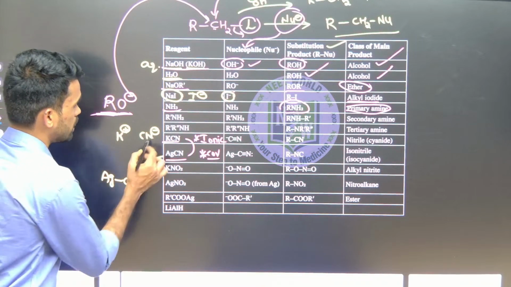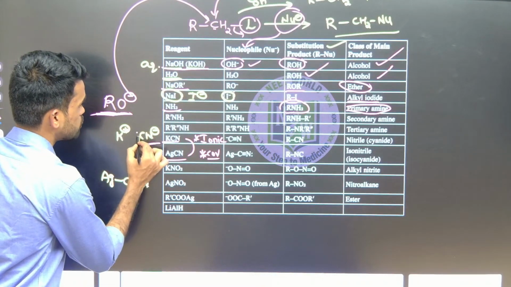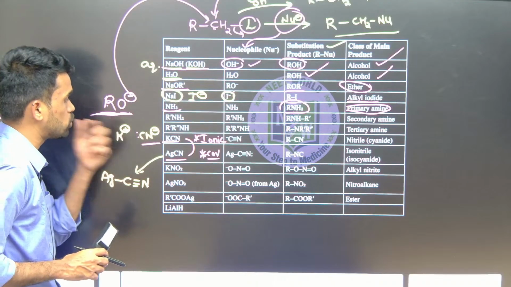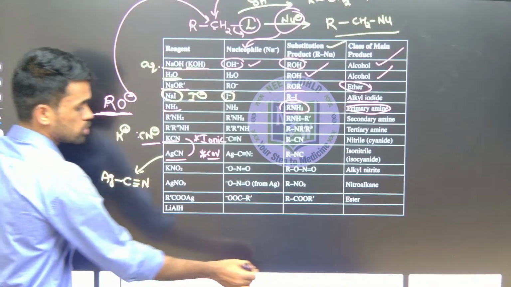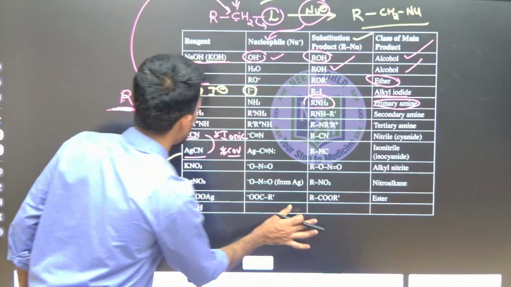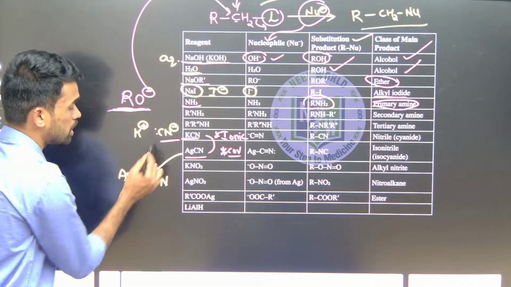Now if you see which is less electronegative between carbon and nitrogen, carbon is less electronegative. During the substitution reaction, the less electronegative site will be the reactive site.